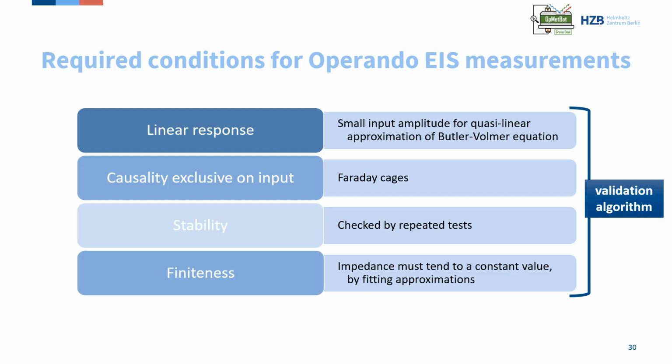For the causality of the response signal depending only on the input, external interferences are avoided by placing the electrochemical system inside a Faraday cage or mesh. Additionally, the stability of the measurement can be checked by repeating measurements, so that similar data are obtained. And for finiteness, the impedance can be fit so that it tends to a constant value.